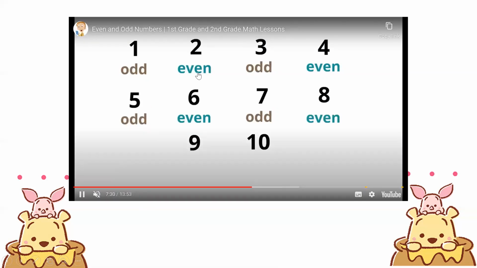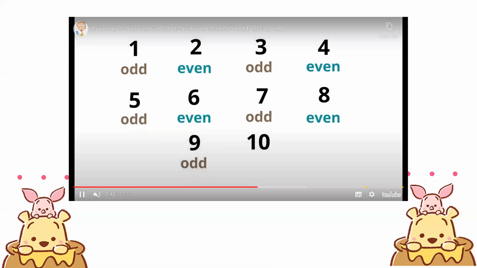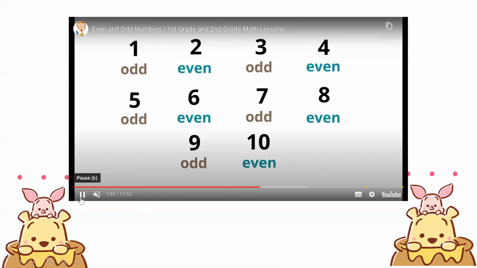And then number 10 was also even because all the dinosaurs were in groups.